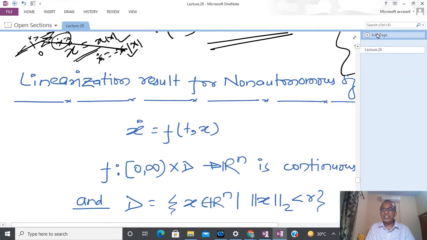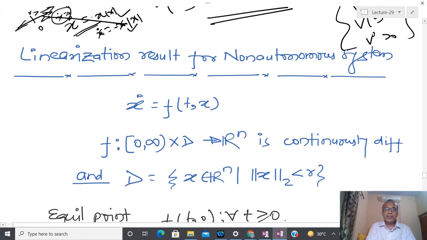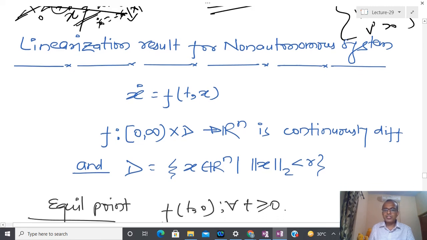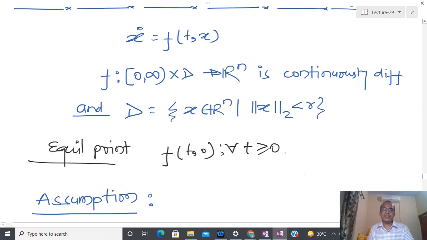After linearization, if the real part of an eigenvalue is 0, then I cannot comment about the stability of the original system. Anyone has confusion on this point, then please let me know. That is just proof by counterexample. Now let us come to the non-autonomous system. So the result is actually straightforward.